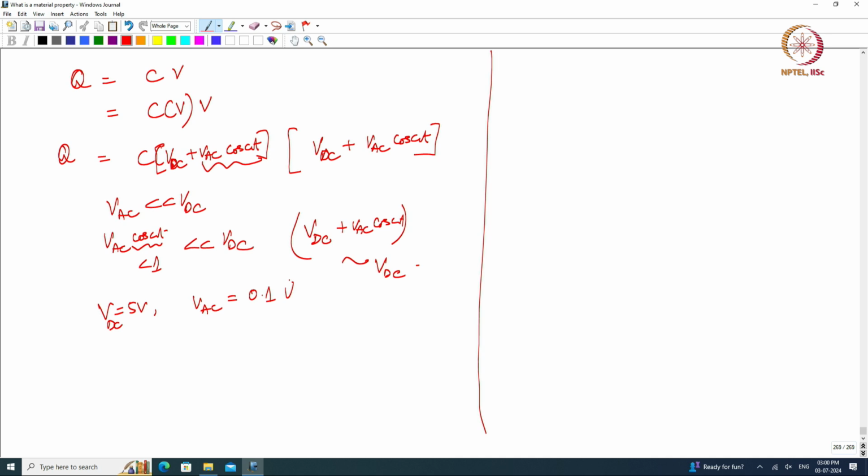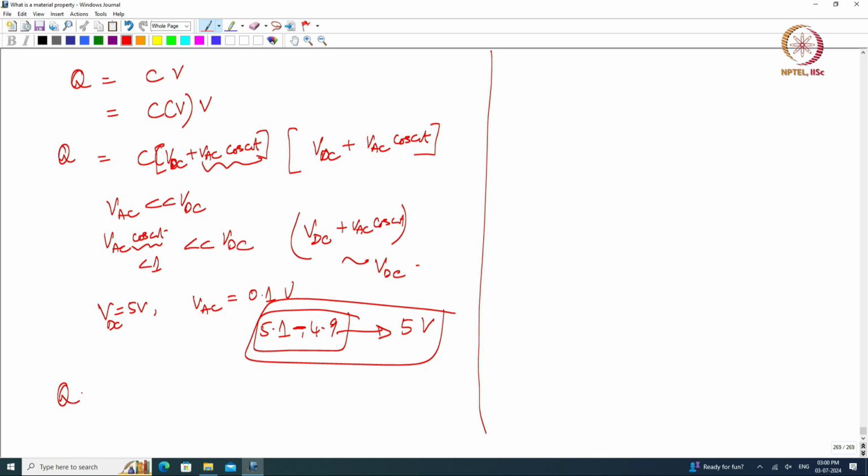The variation is going to be between 5.1 and 4.9, and I just assign this to be 5 volts. That is my approximation. Then Q is going to be C of VDC, and VDC is not changing with time, it is time independent, times VDC plus VAC cos omega t.